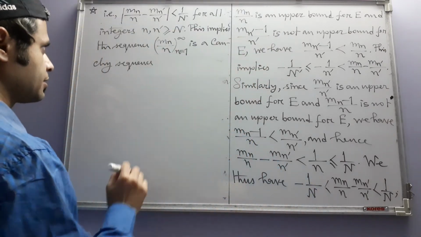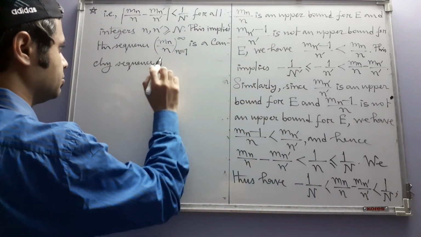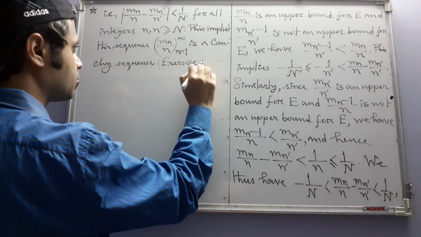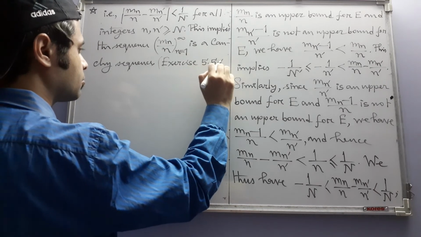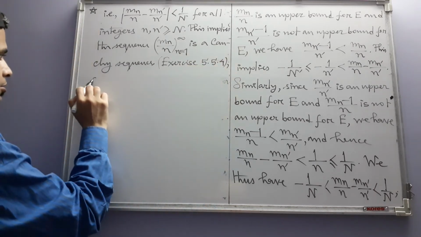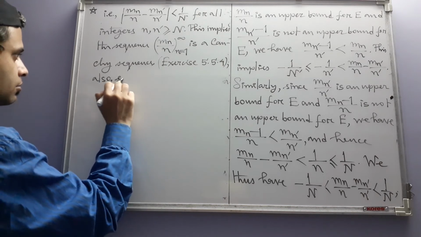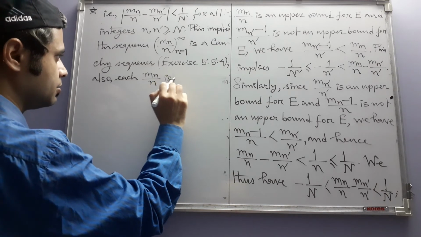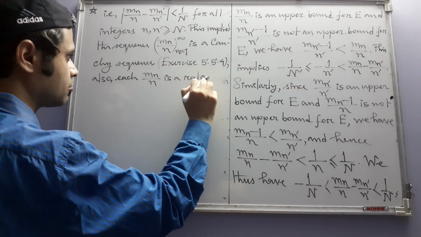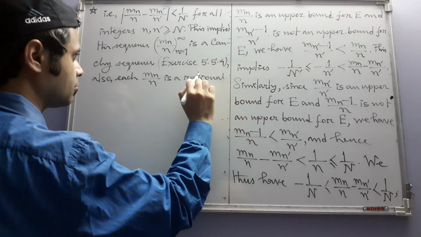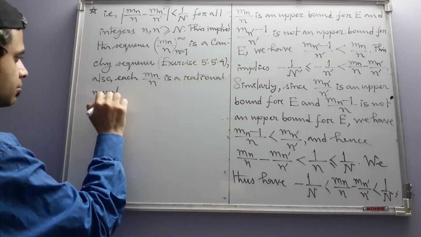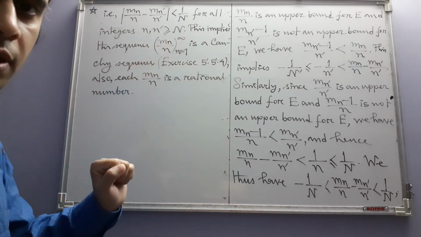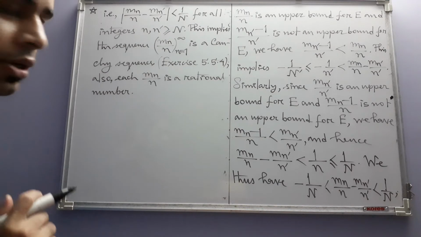It's actually quite easy, but nevertheless we want a proof. Also, each m_n/n is a rational number. So we now have a Cauchy sequence of rational numbers. So it will have a formal limit.